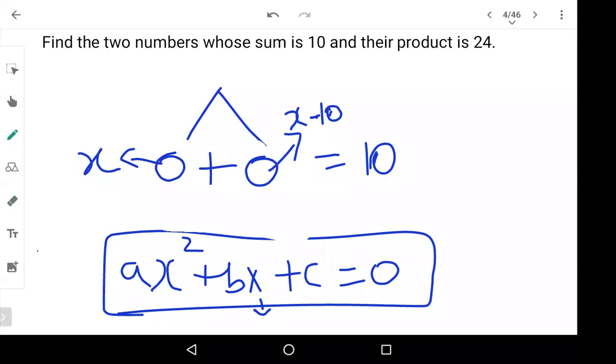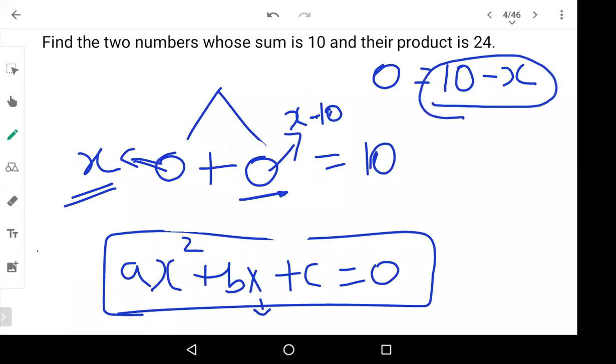Listen here first. If you assume one of the numbers to be x, I do not know the other number. So to find the other number, I can take it as 10 minus x, so that when I add both the numbers, I get the total as 10.